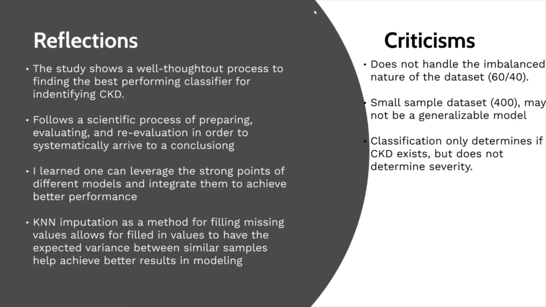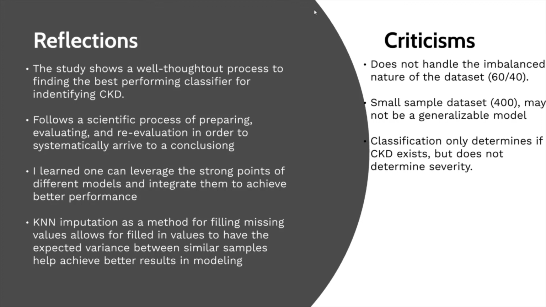The study, however, was not without some points of improvement. For instance, the researchers do not handle the imbalanced nature of the data, where the split is around 60-40, having and not having CKD. This may impact the balance of the results by over-predicting having CKD than not having CKD. In addition, the study was conducted on a very small sample size, which may impact the generalizability of the model itself.